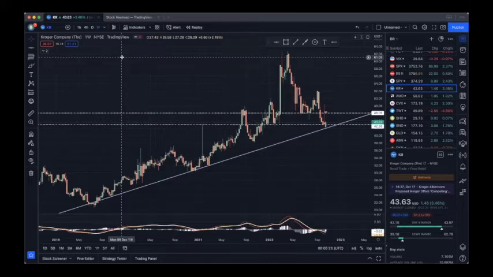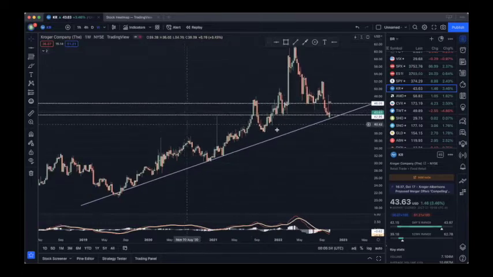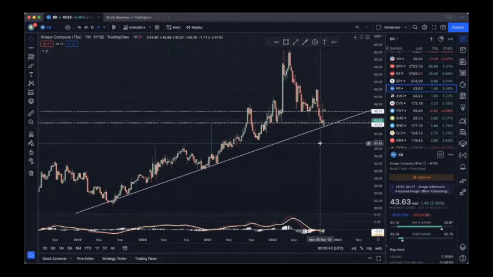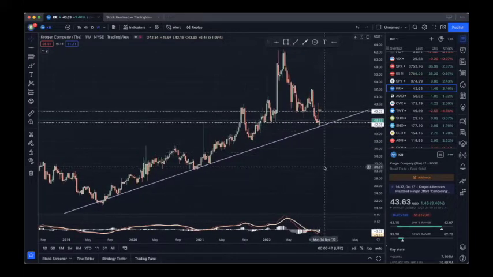We want to find multiple time frames that agree with our analysis. So say I look at the weekly time frame and I see that we look bullish here, right? We're holding this support level, we're holding this trend line, and basically I'm thinking we're going to go up from here. Based on my swing analysis, looking at the weekly time frame, it looks like we're going to go up from here.